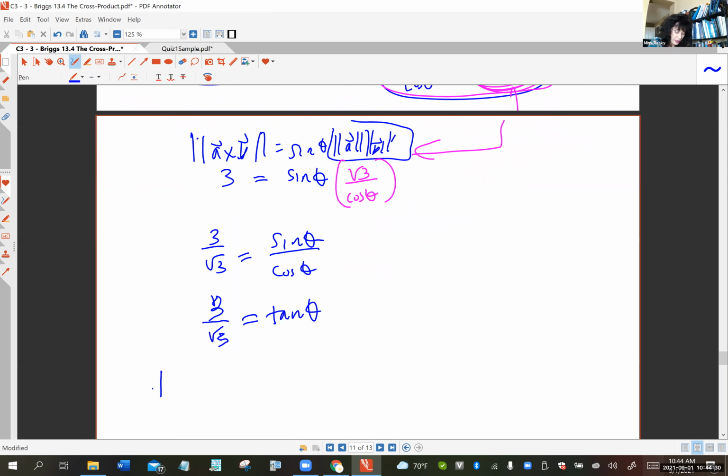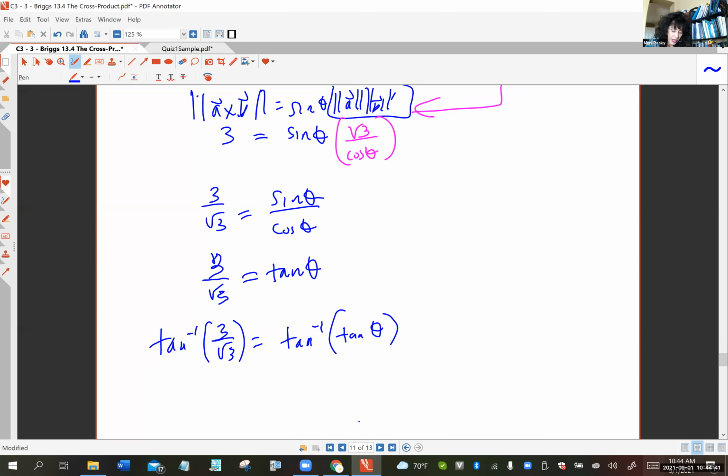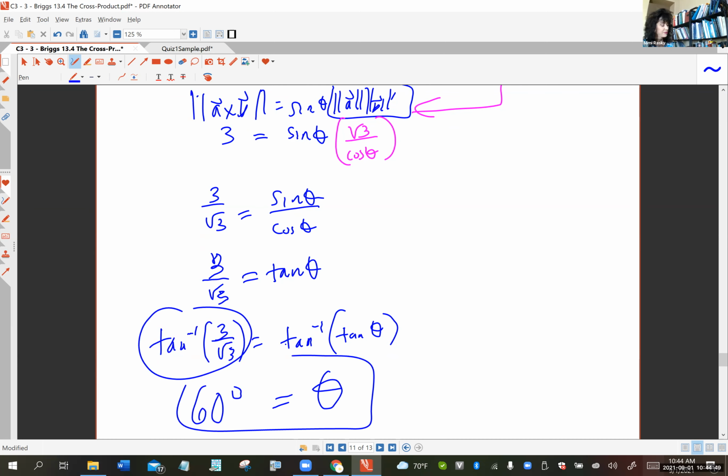So I'm going to take tan inverse of both sides. And on the right-hand side, that just boils down to theta. And then if you use your graphing calculator here, I think I get 60 degrees. Yay!